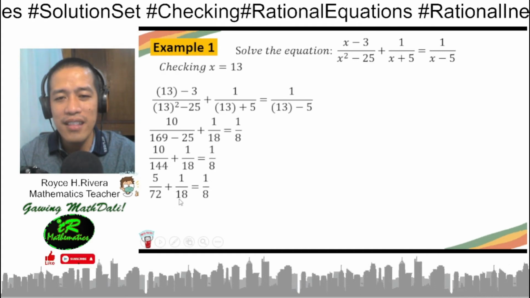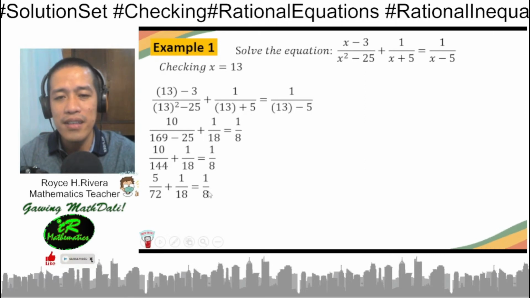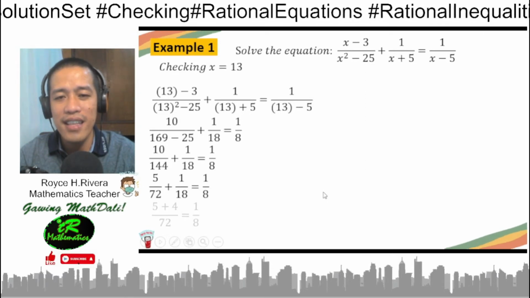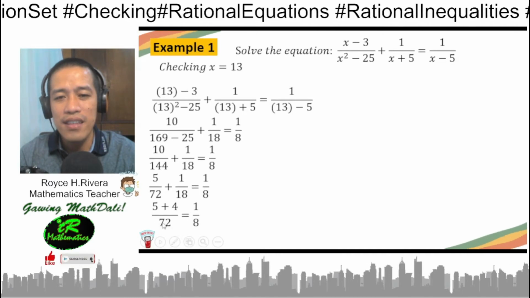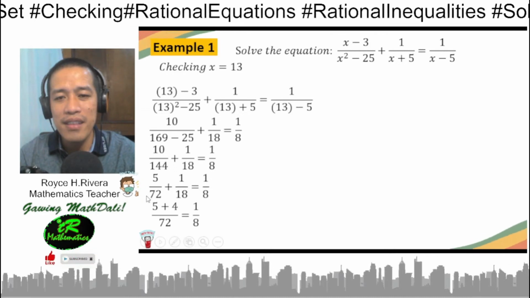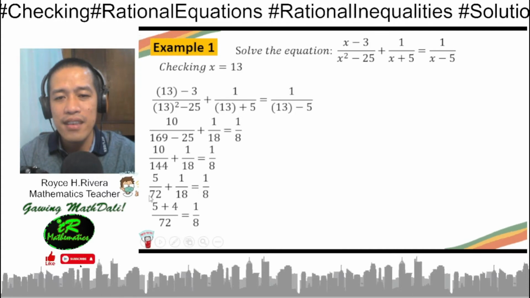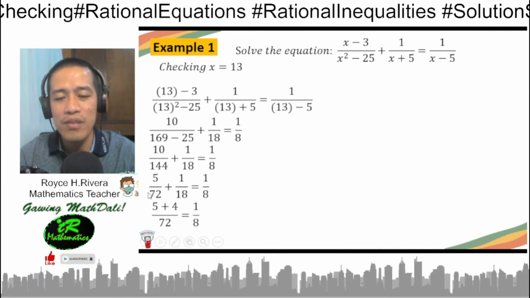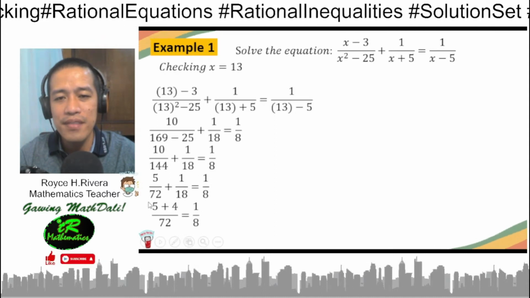We now get the sum of 5 over 72 plus 1 over 18 by getting the LCD, that is 72, divided by the first denominator 72 times the numerator 5. So the quotient of 72 divided by 72 is 1 times 5 is 5.